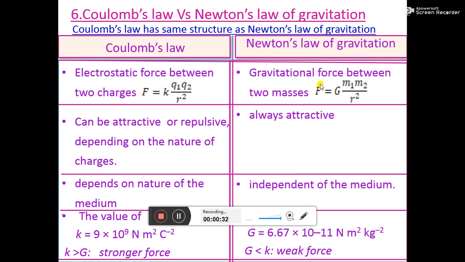From these equations, we can infer that both the forces, the electrostatic force as well as the gravitational force, are inversely proportional to the square of the distance between the two particles. And the electrostatic force is directly proportional to the product of the magnitudes of two point charges, whereas the gravitational force is directly proportional to the product of two masses.